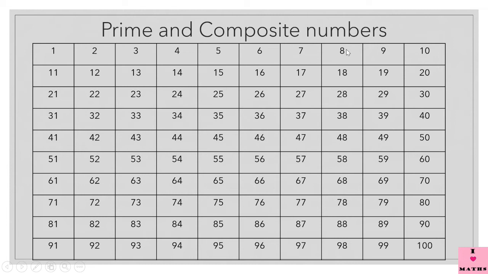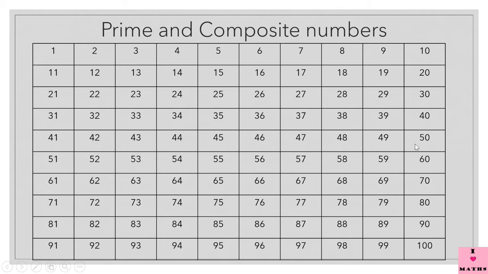Then we will cut numbers which have 8 in their ones place, starting from 8 and cutting all the numbers till 98. And lastly, we will cut all the numbers which have 0 at their ones place, starting from 10 going till 100, because all these are also even numbers and they come in the table of 2.